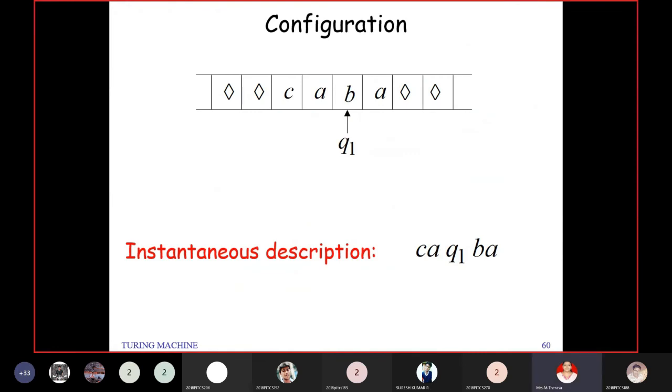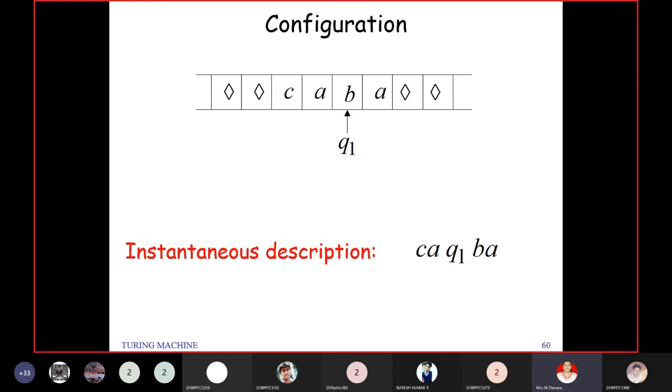Next we'll see about the configuration. Suppose you have CABA in the input tape, and Q1 is the current state. So how do you represent this as an instantaneous description?